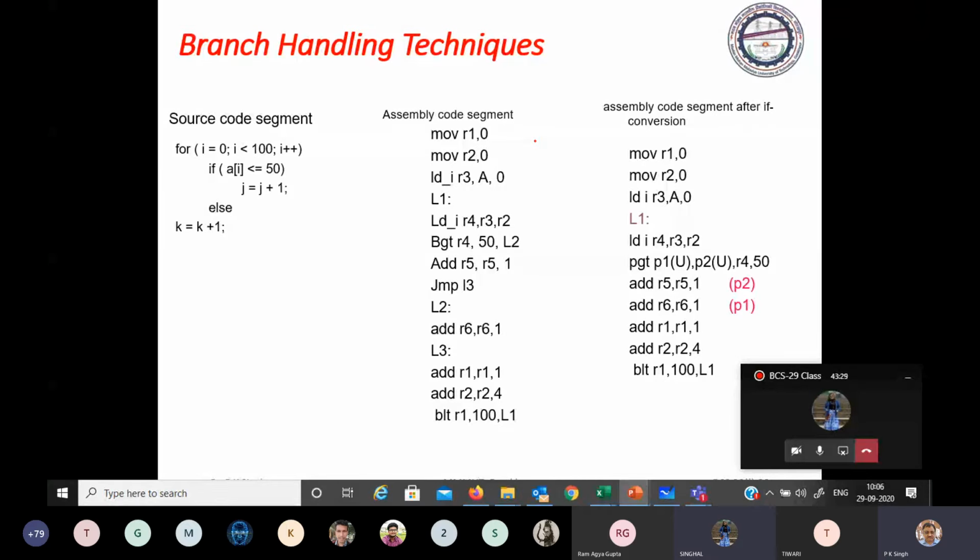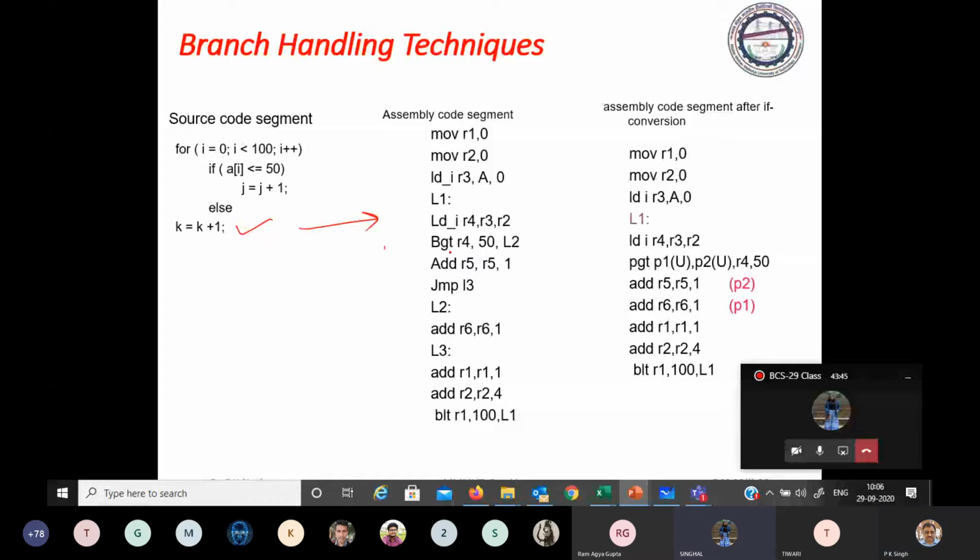Suppose this is a program segment, and for this program segment we have this code. These two instructions depend upon the branch instruction.